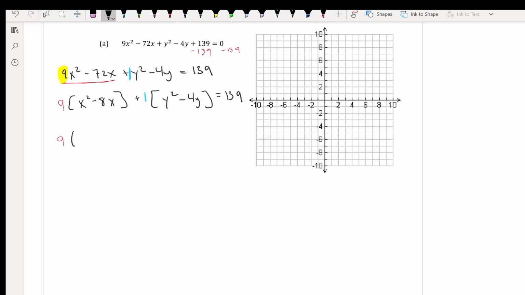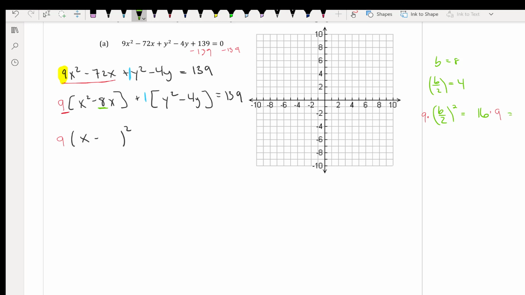So I'm going to have my parentheses squared. I have x minus, and here, since I have my value of 8, if I were to divide that by 2, so let's say over here my b value is 8, 8 divided by 2 is 4. And then I also have to square it, which is 16. But now I can't forget that there's a 9 out in front, so this is going to get multiplied by a 9.